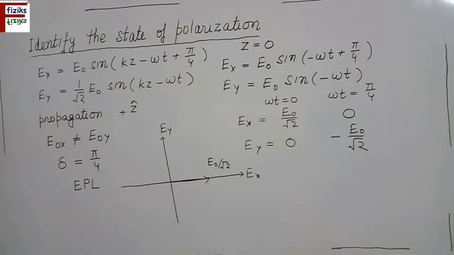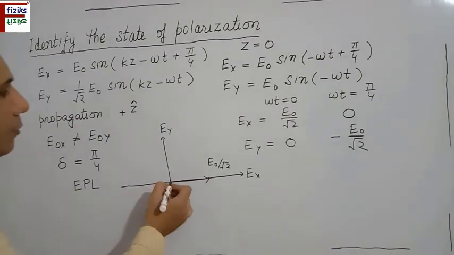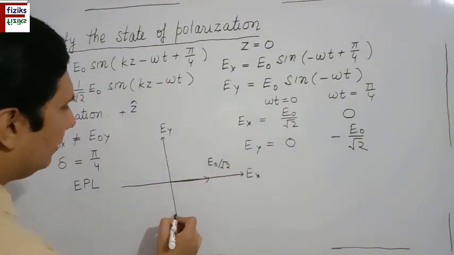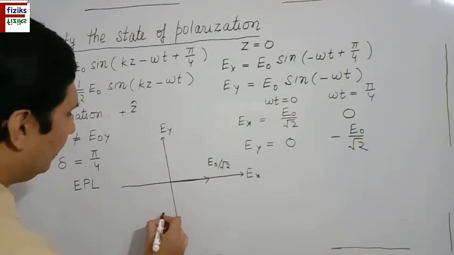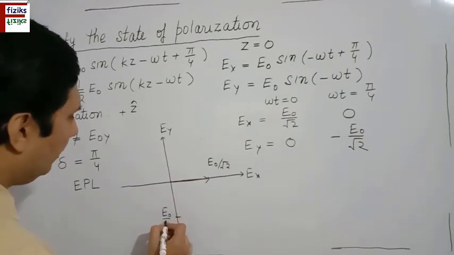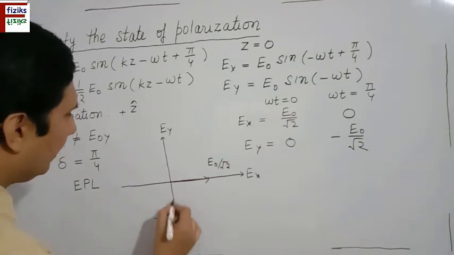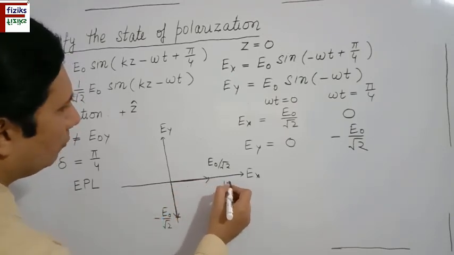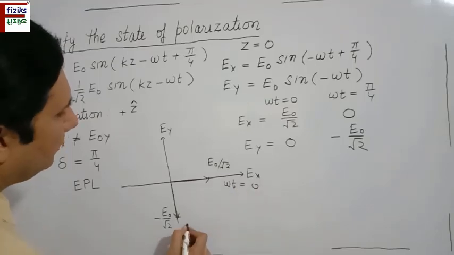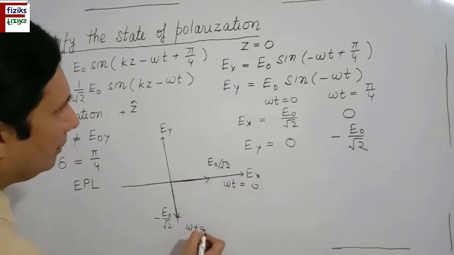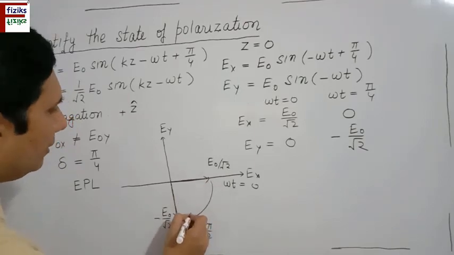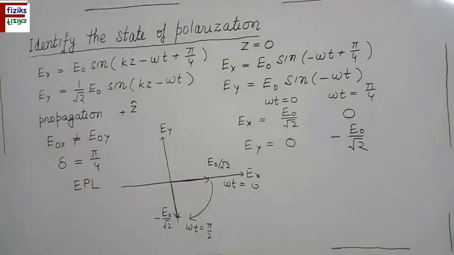And at omega t equal to pi by 4, Ex becomes 0 and Ey becomes minus E naught by root 2. So this is the new position. This is the position at omega t equal to 0 and this is the position at omega t equal to pi by 4. So this electric vector is rotating in the clockwise direction.